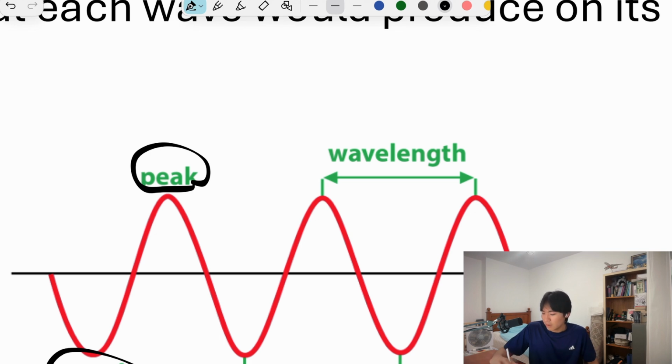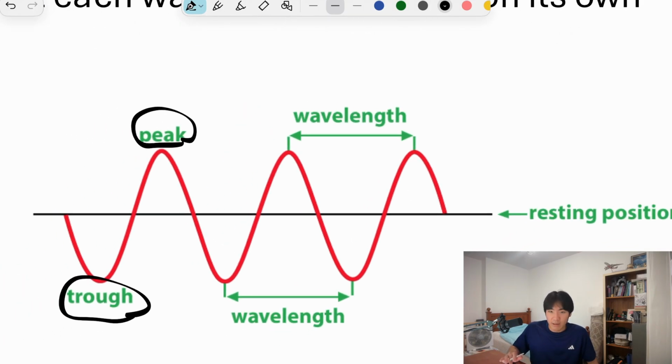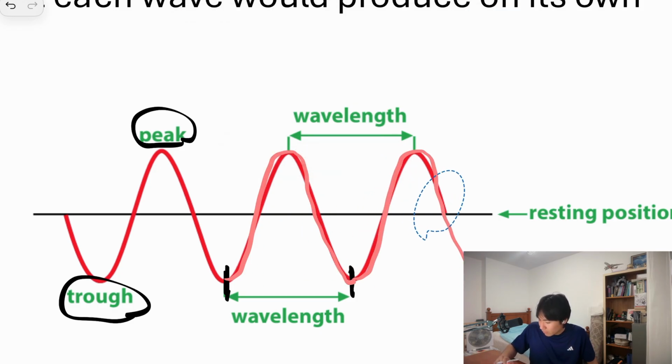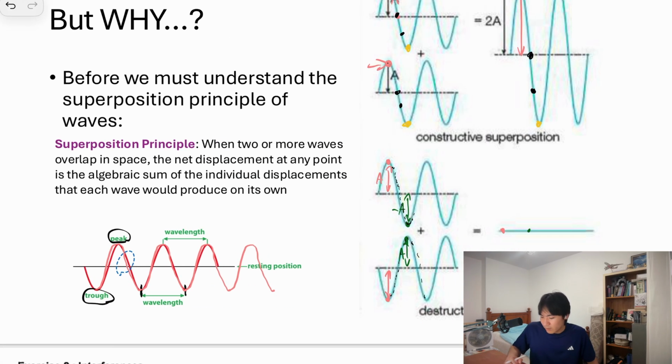The middle position is generally referred to as the resting position, or also known as equilibrium position. And wavelength is basically how long the wave is before it repeats itself. Imagine there's this module here, and if you repeat it, you get another wave, and another wave. So this is what wavelength is.